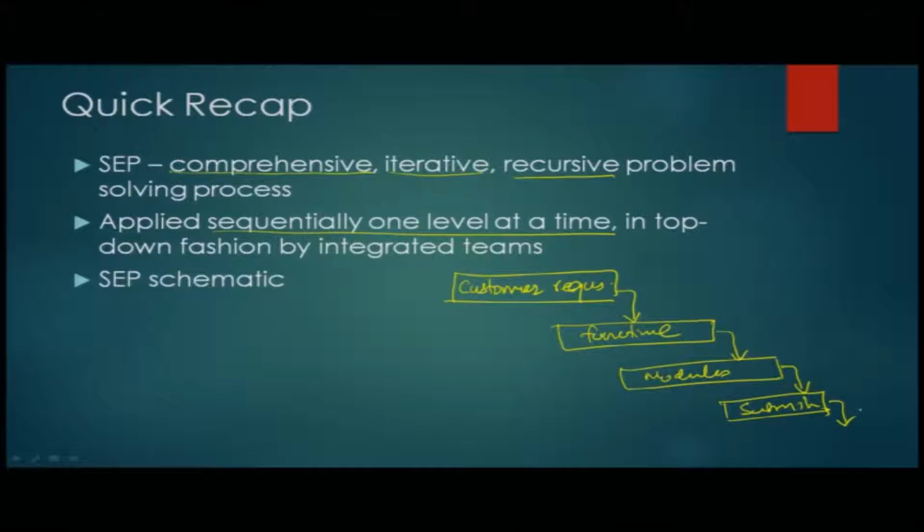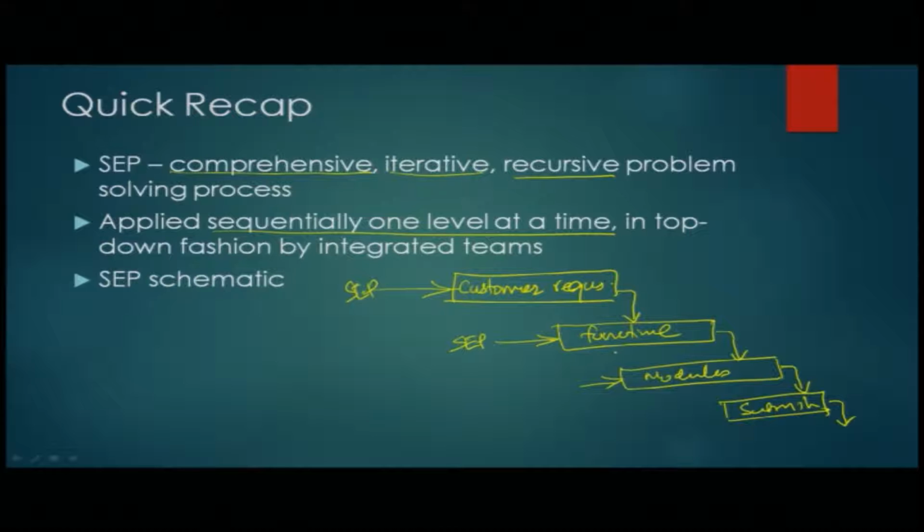Like this you keep on drilling down. When you apply systems engineering to the customer requirements, you apply it to the customer requirements throughout. Once it is done, it gives you the output to the next level, which is the functional requirements, and then you apply the systems engineering process here. So, here is one application of SEP. Once you derive this, you apply SEP again and derive the next one. So, it is applied sequentially, one level at a time.